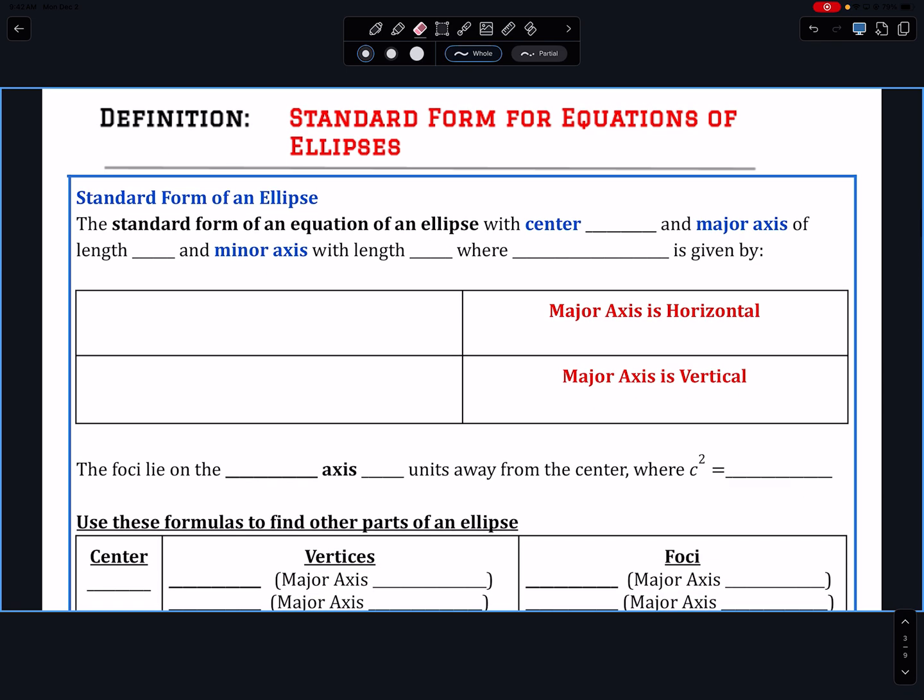So standard form for equations of ellipses. When you guys take your quiz, I will give you guys these formulas. You guys just need to know how to use them.